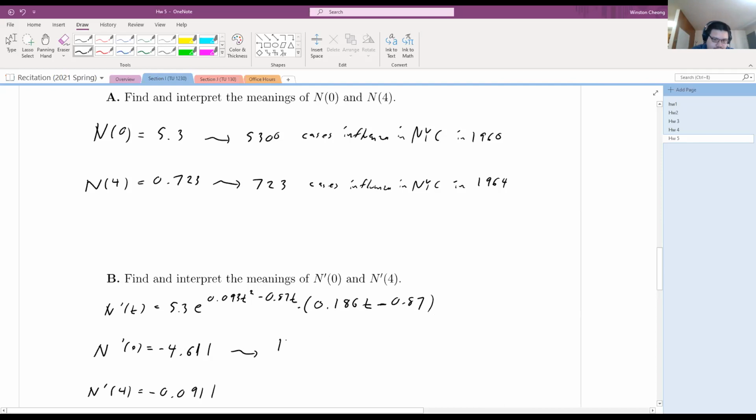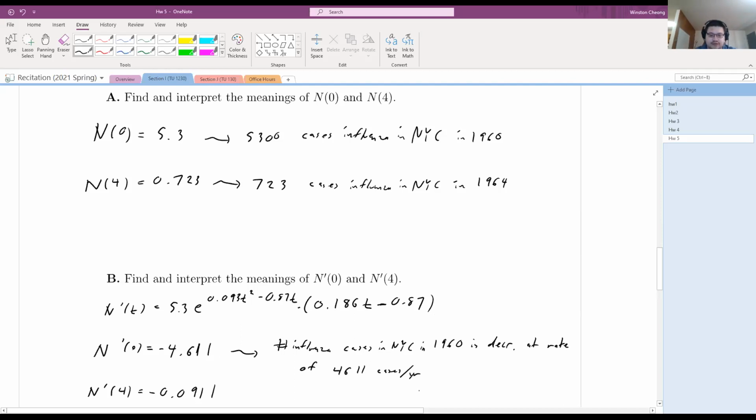So what I ended up writing is that the number of influenza cases in New York City in 1960 is decreasing at a rate of 4,611 cases per year.